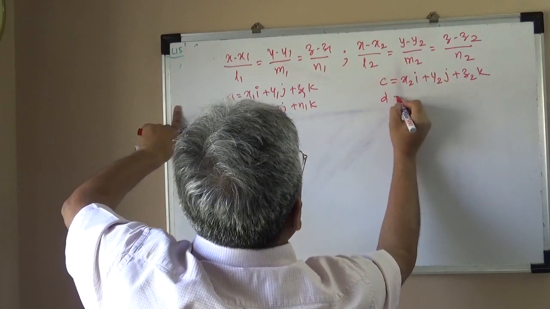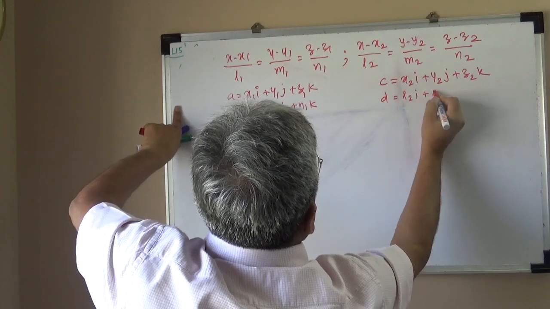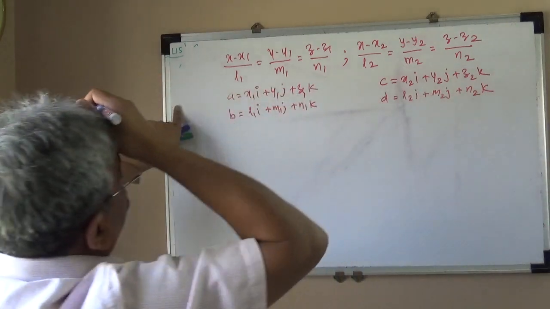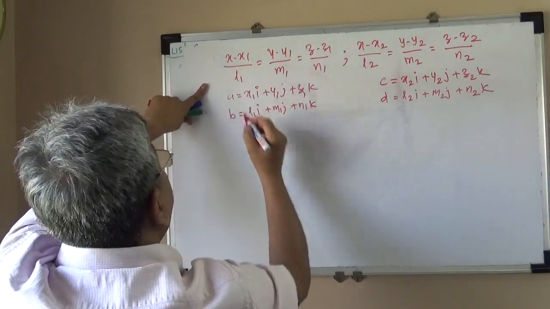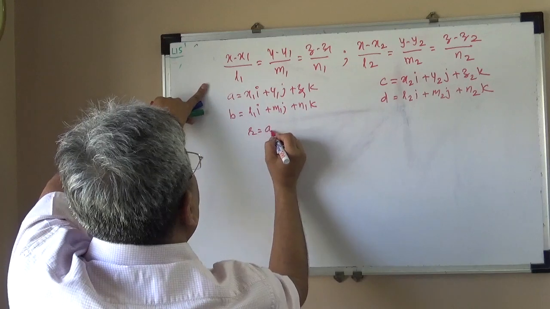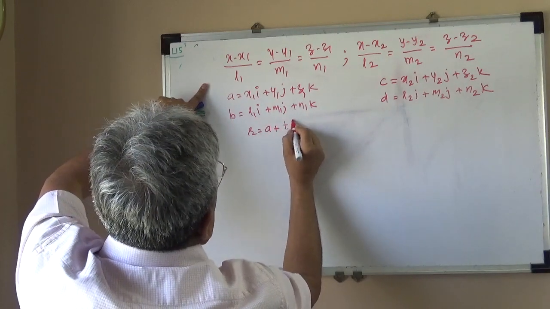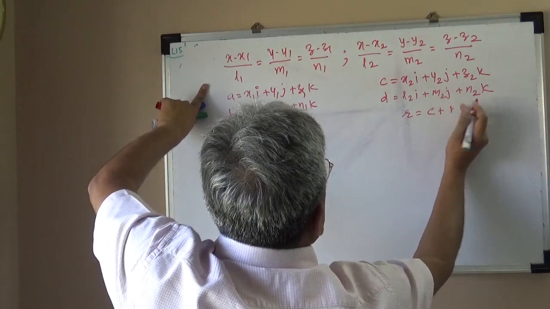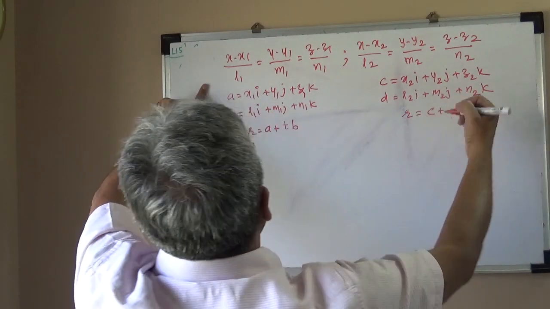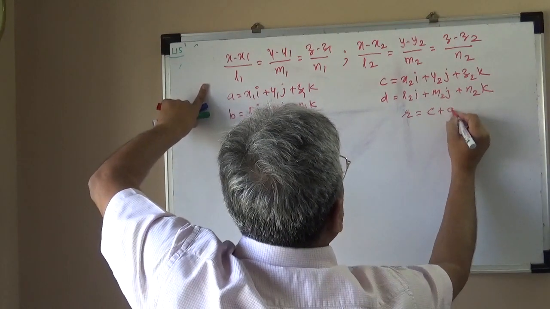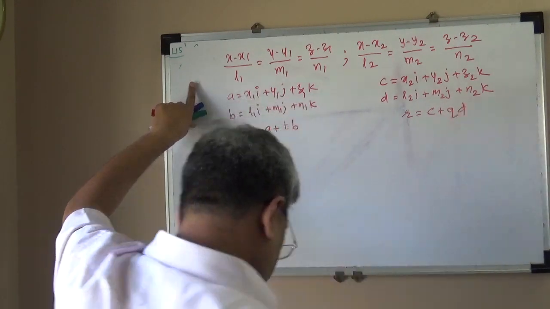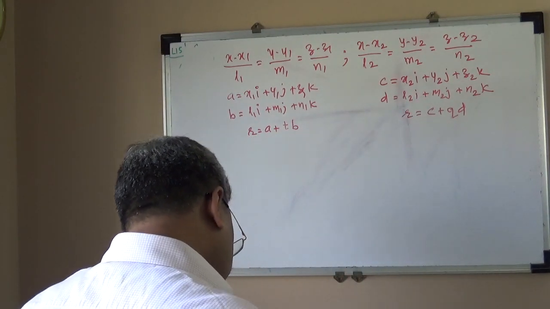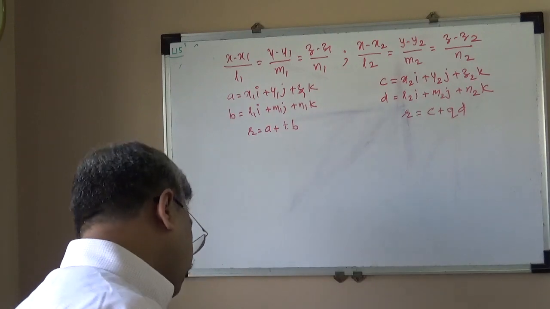The direction vector D here is l2 i plus m2 j plus n2 k. And therefore what is the equation of the line? This line is r equal to A plus t times B, and r equal to C plus some q times D. Okay, so these are the two lines that we have.